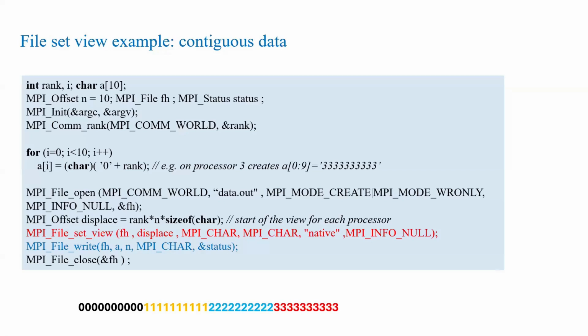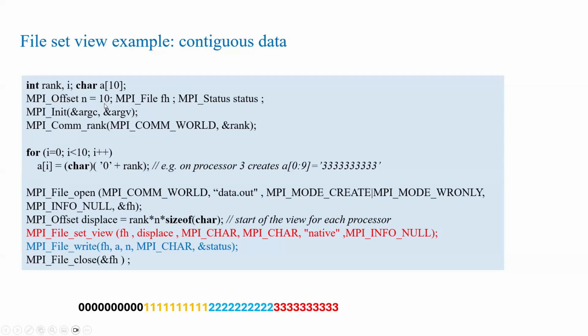Okay, so we start first with the simplest example. Here, from the output, you can see this is a user file set view to do a sort of contiguous data write. So what this piece of code is doing is, say, our count is 10 each.